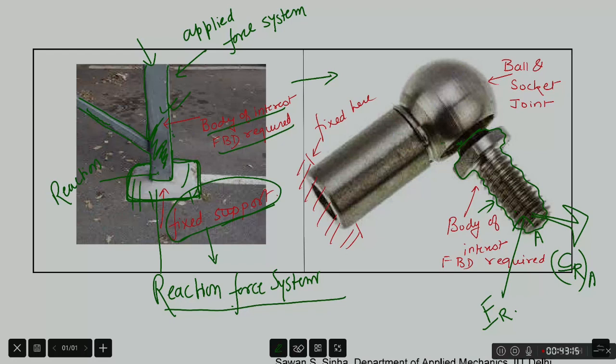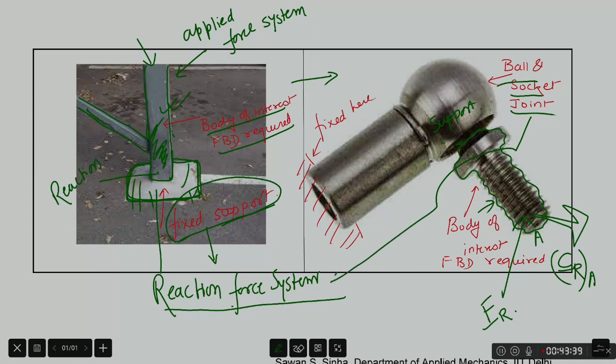Now if you are told that this support is a ball and socket joint, again we want ourselves to be in a position to draw the reaction force system on the free body diagram. So this is a fixed support, this is a ball and socket joint.